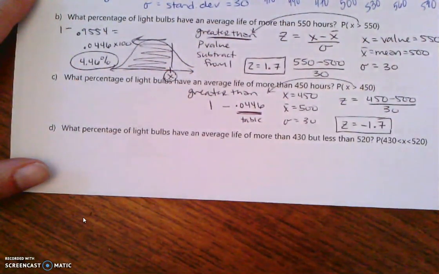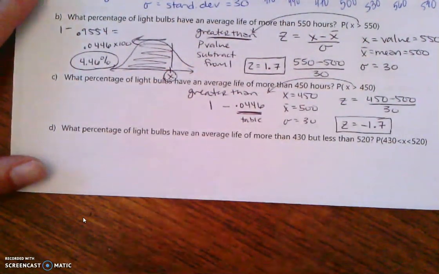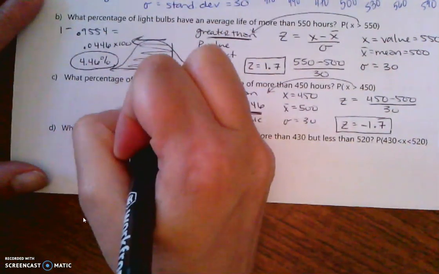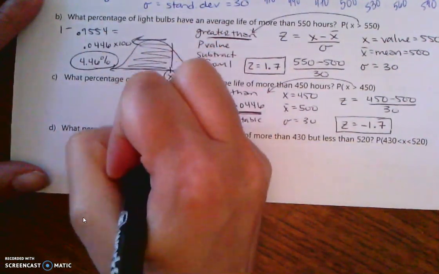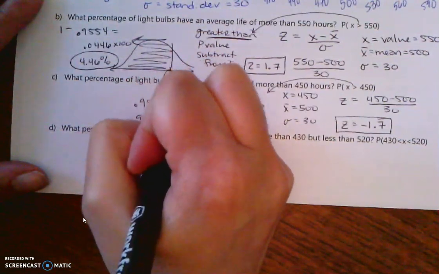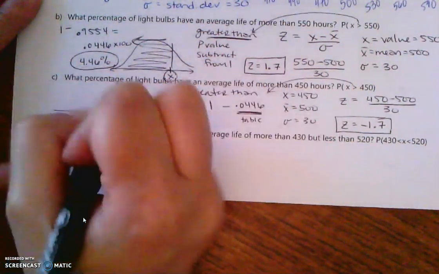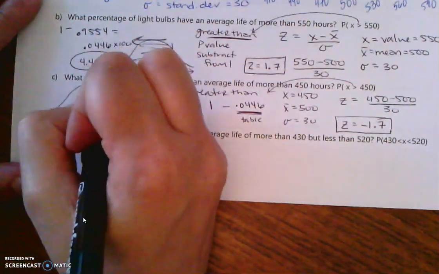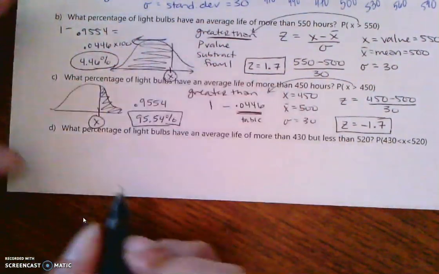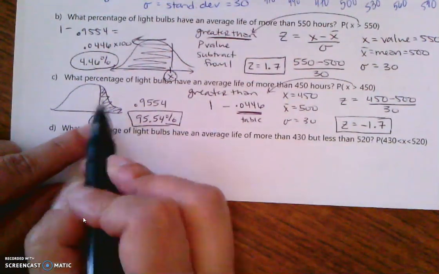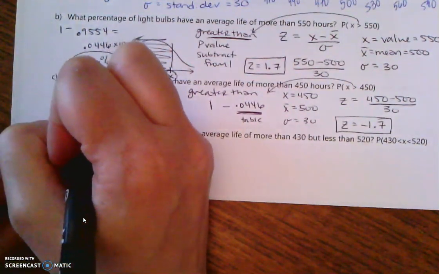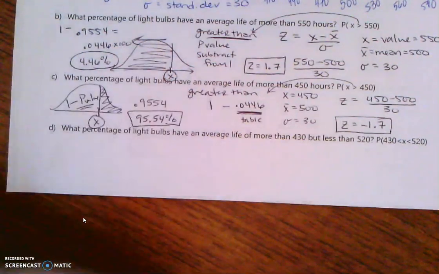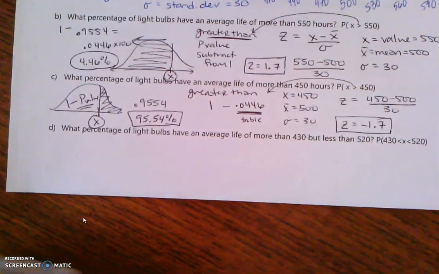So 1 minus 0.0446 is 0.9554, so 95.54%. Now, the reason that's true is because my x value is right here, and we are greater than. So because we're greater than, we have to take 1 minus the p-value from the table. The p-value from the table always gives us the less than value.